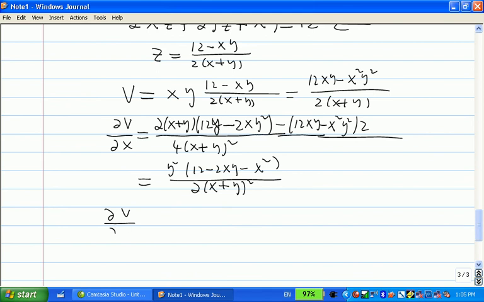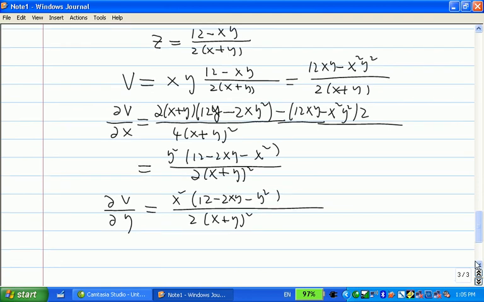Similarly, you can find the partial f with respect to y. It gives you (2x plus y) squared, x squared times (12 minus 2xy minus y squared). So the next thing we need to do, always remember your goal. Our goal is to find x and y that make v as large as possible.